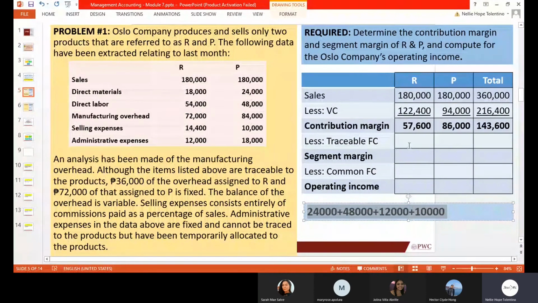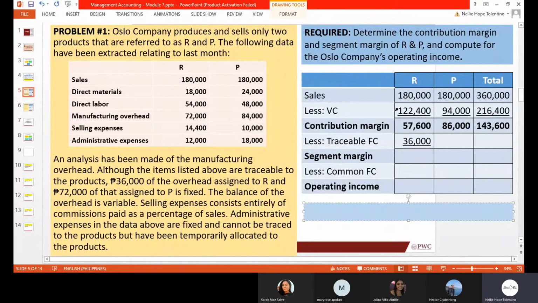Yes, it's the 36,000. Saan mo nakuha yung 36,000? Dito sa problem, ma'am, nakalagay all the items accessible or traceable to per products. So, ang 36 daw of the overhead assigned are.